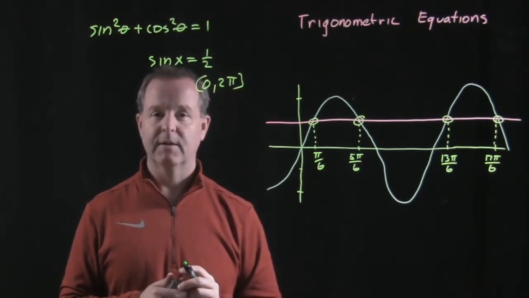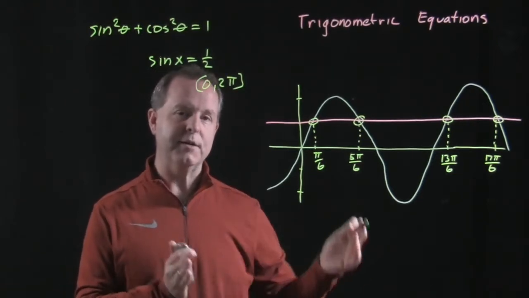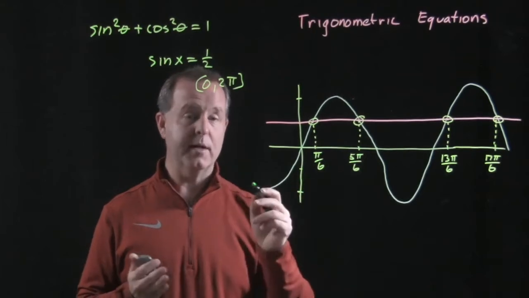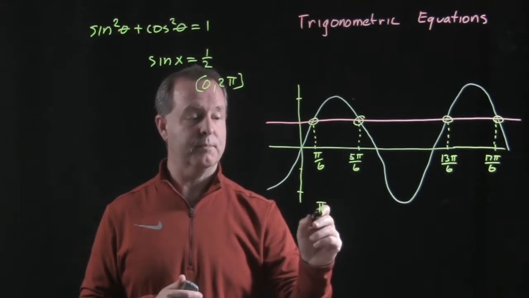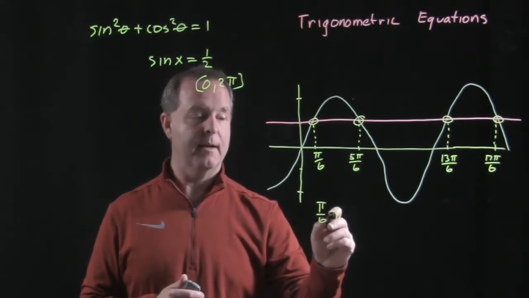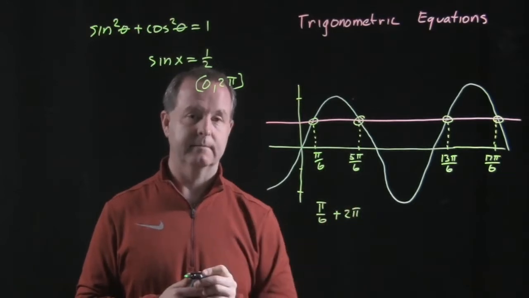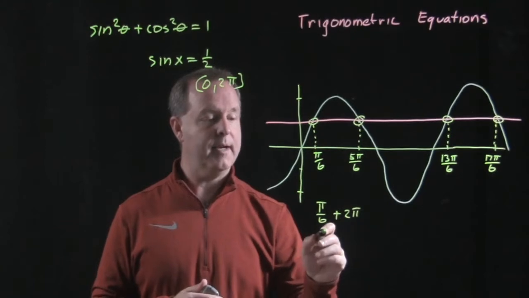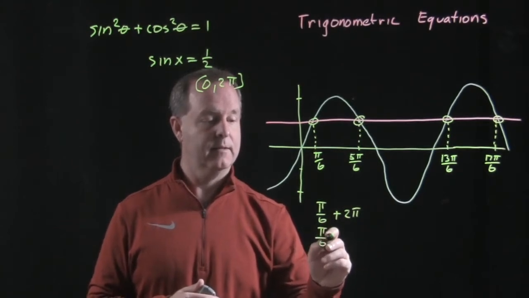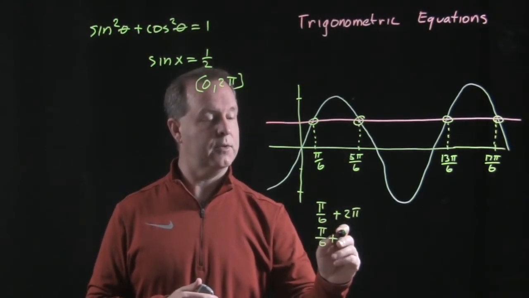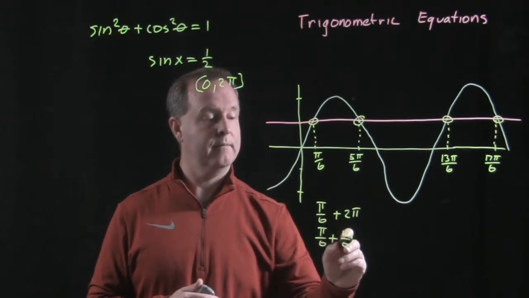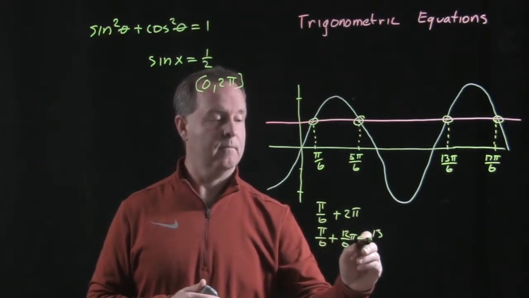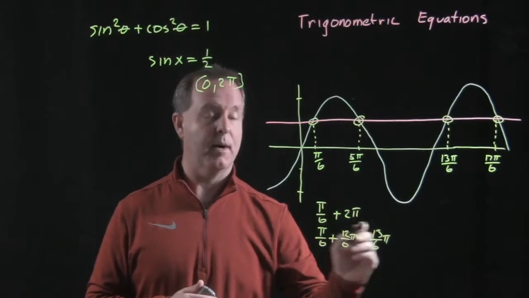From there, we know that the period repeats itself every 2 pi, so I'm going to take one solution, which is pi sixth, and keep adding 2 pi to it. So pi sixth plus 2 pi, if I get common denominators, becomes pi sixth plus 12 pi sixth, and that equals 13 pi sixth.